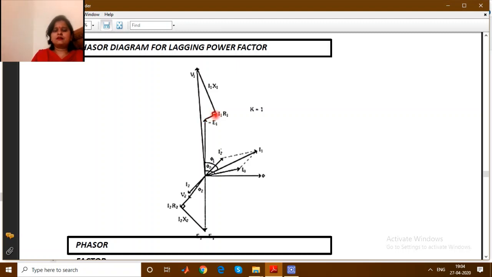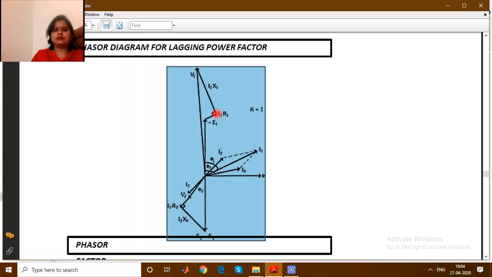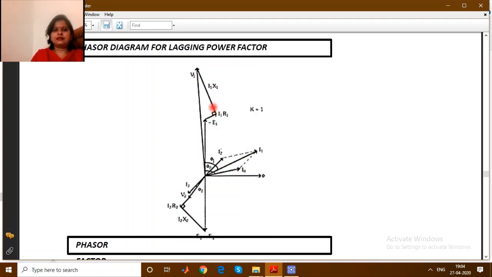So I1 R1 will be in the same phase as I1 and will start from minus E1, right? And from I1 R1 there will start I1 X1 at an angle of 90 degrees. So I1 X1 will be here and the resultant of minus E1 plus I1 R1 plus I1 X1 will be V1. So this will be your V1.